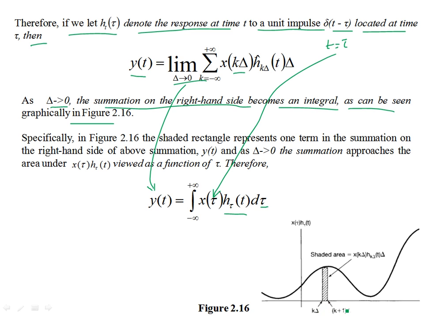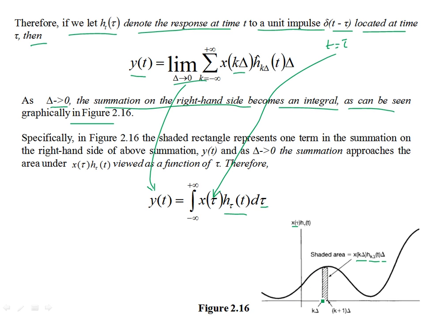This is k delta, k plus 1 delta, and you are multiplying this pulse with the signal x(t) or x(tau). Whatever the amplitude at k delta becomes the weight of this pulse, and the response of the system to the pulse will be the same scalar x k delta multiplied by h k delta(t) delta. So that's the response.